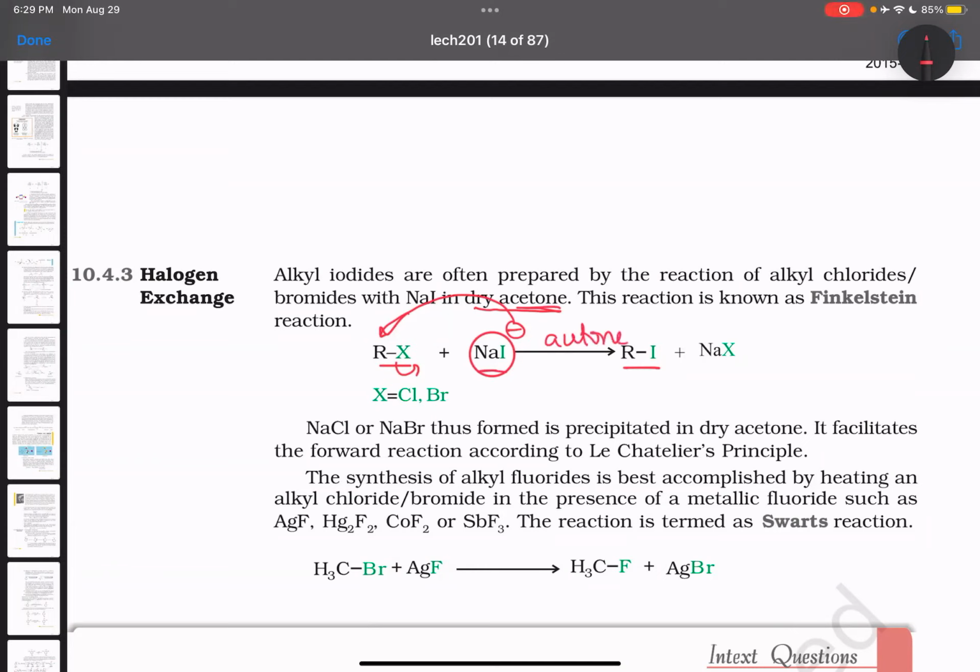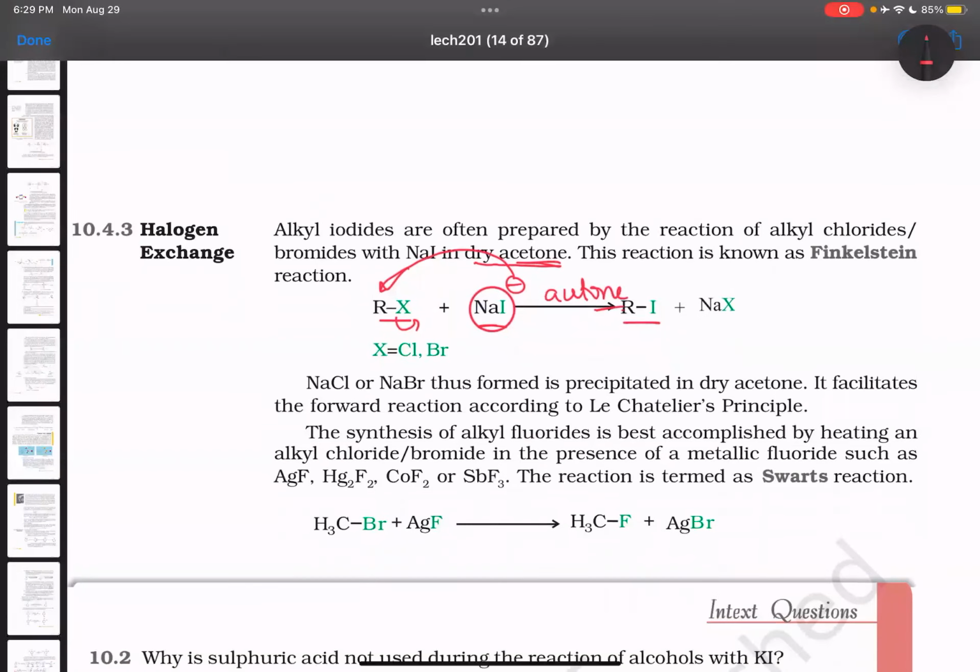And NaCl or NaBr, which comes out, are less soluble, so they get precipitated. So the reaction gives the complete iodide. On its own, it was not forming.